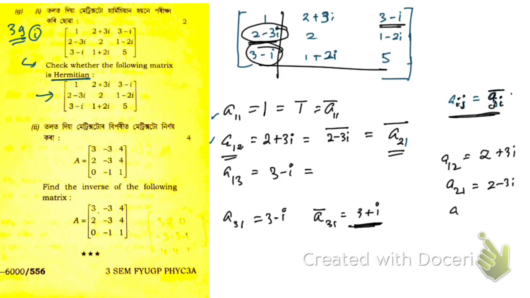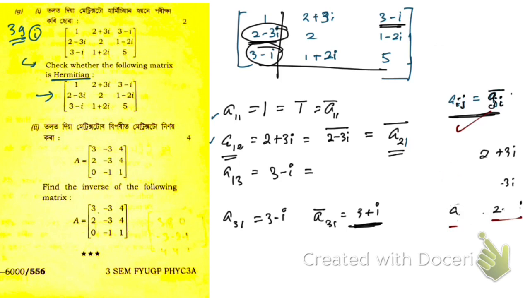If you take the complex conjugate of a21, you get 2 plus 3i. You just need to change the sign before the imaginary term. So these two are equal, a12 equals the complex conjugate of a21, and the condition is satisfied.